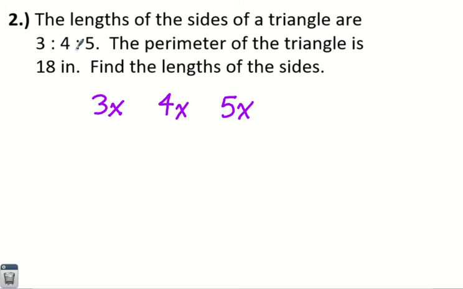That's the reduced overall ratio. Anyway, the bottom line is 3x, 4x, and 5x are the 3 sides. And if you add all these together, you get 18 inches, because again, this is about perimeter. Perimeter is about adding up all the sides.